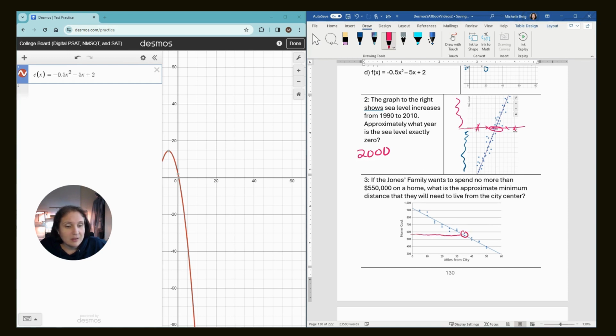So if we drop down, that's about around 35 miles from the city. The closer they live to the city, the more expensive the home values. The farther they live, the less expensive. So in theory, if they lived more than 35 miles away, they would be able to find a home that would be less than $550,000.